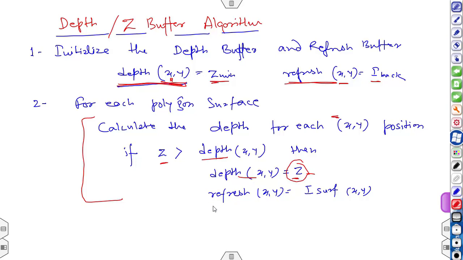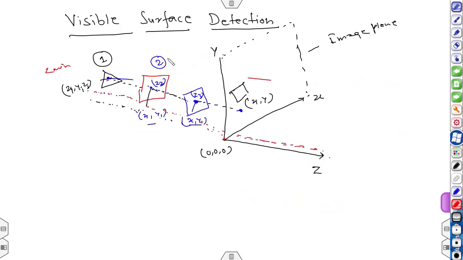Correspondingly, we store the intensity of that xy position into the refresh buffer. This has to be applied for every polygon and for every xy position of the polygon, so for every polygon we scan all xy positions.